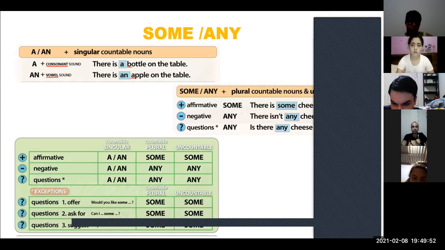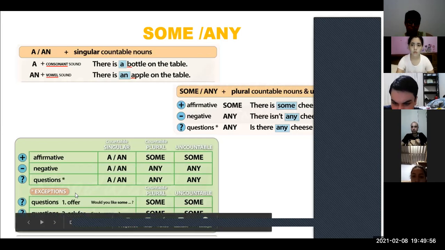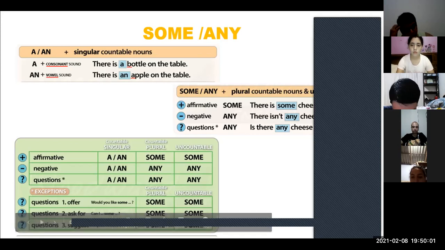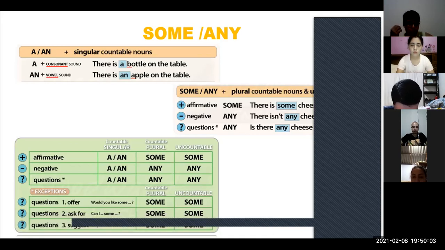Ok. También podemos utilizar some en la pregunta cuando estamos pidiendo algo. Ok, por ejemplo, can I have some water? ¿Me puedes invitar agua? Can I have some water? Can I have some milk? Ok. Y también cuando vamos a sugerir algo. Why don't we eat some pizza?